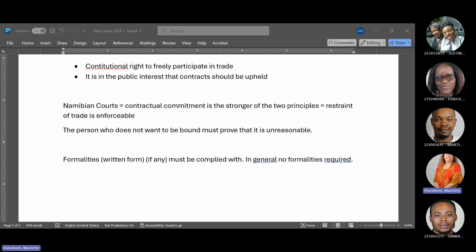A court of law will say the restraint is enforceable or it's not enforceable. A court of law will not say, okay, there's a restraint of trade, but we're going to change it into an NDA. The court won't do that. The court adheres to the original contract or says original contract not enforced.